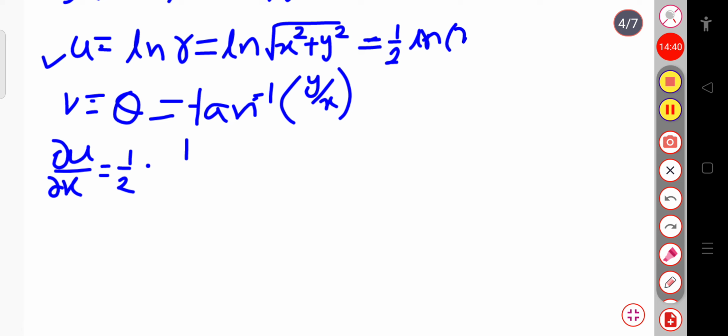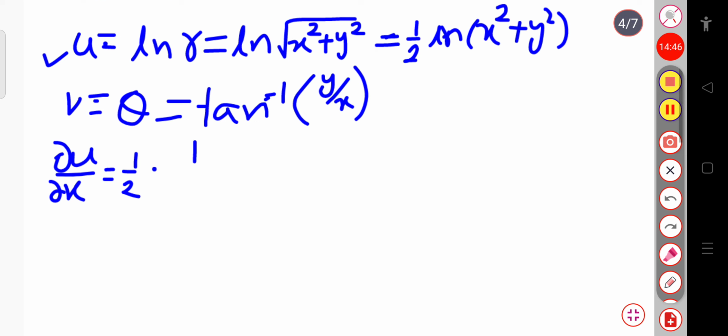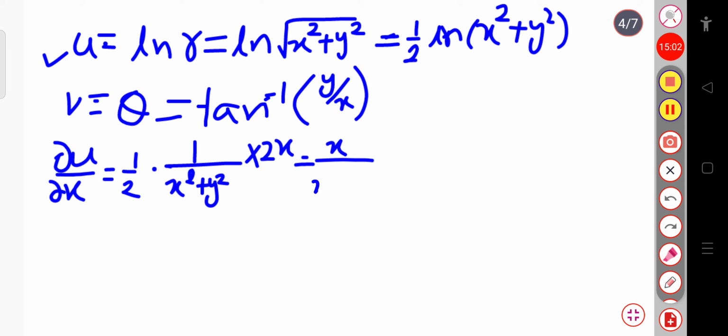So this is the u term. So now ∂u/∂x will be 1 by 2 into 1 by (x² + y²) into 2x. So now this 2 gets cancelled. This will be equal to x divided by x square plus y square. Okay.